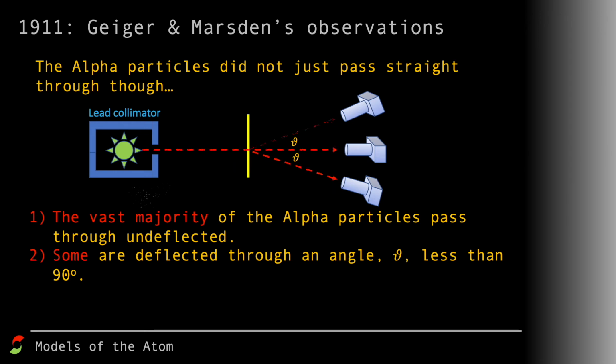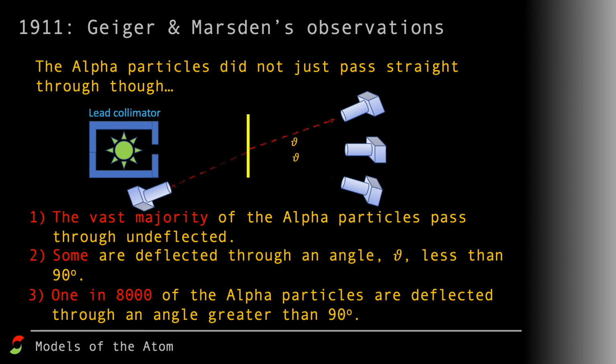But more interestingly, when they placed the detector somewhere around here, they noticed that approximately 1 in 8,000 of the alpha particles were deflected through an angle greater than 90 degrees. And this was really strange for Geiger, Marsden and Rutherford.